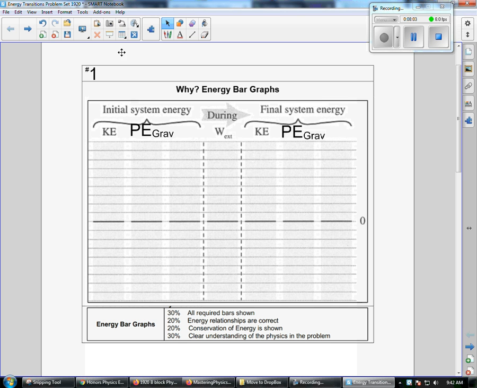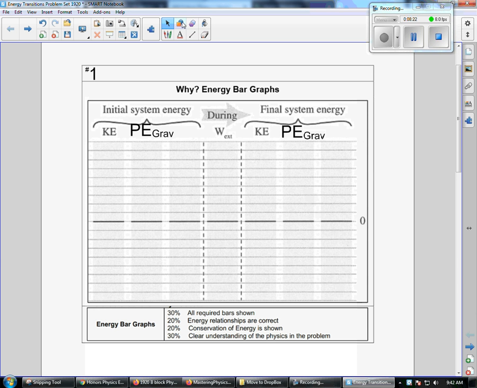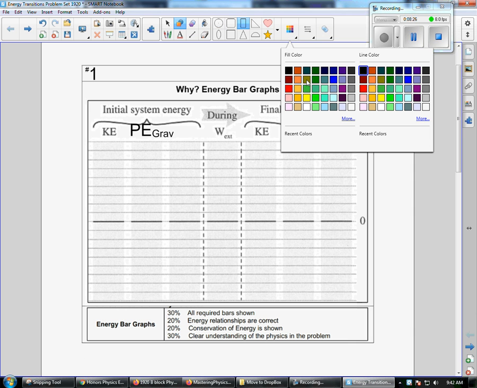Alright. So looking at our situation, I'm going to call the ground 0 for PE grav. Is everyone okay with that? That's what I like to do. And then they're doing work on it, and all the work they're doing on it is going to go into PE grav. So I'm going to do this, pick a nice pretty color.